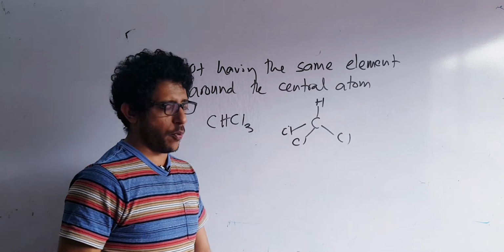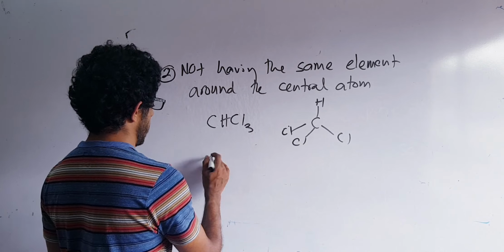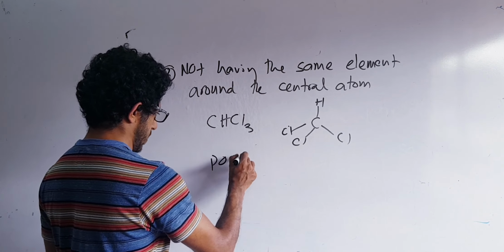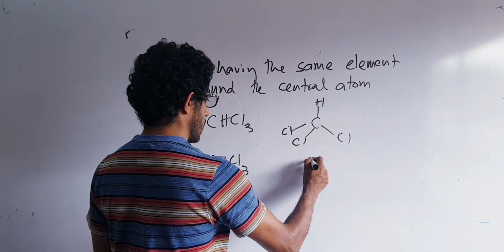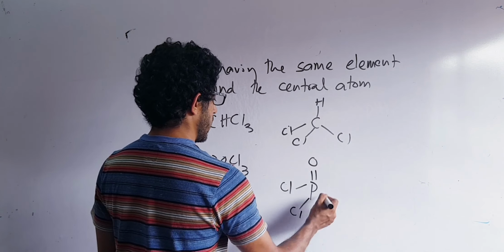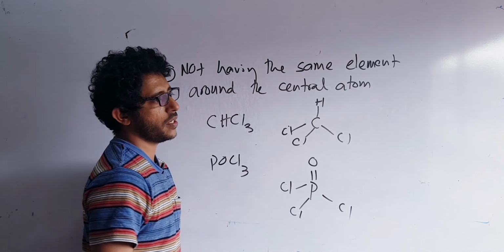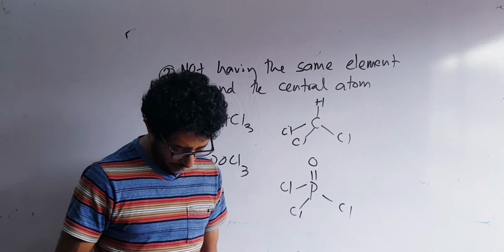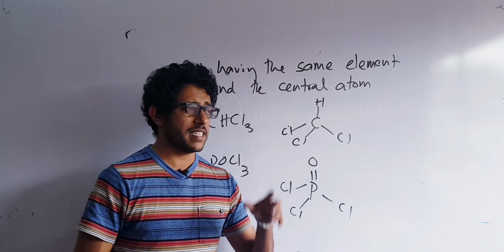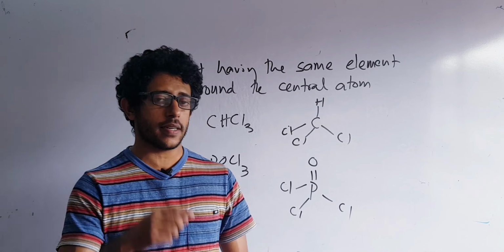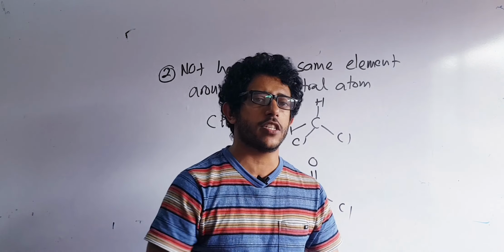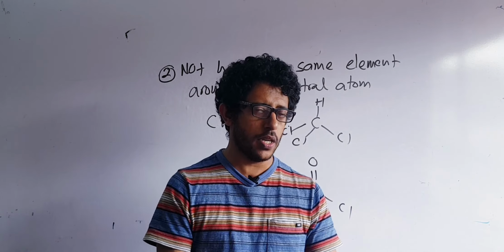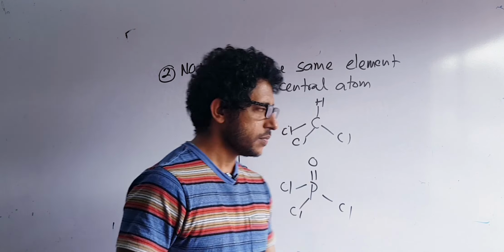So this molecule is polar. Another example is POCl3, a tetrahedral structure, but with different elements around the central atom, which is phosphorus. So if you have different elements around the central atom, or if there is a lone pair on the central atom, usually that molecule is polar.